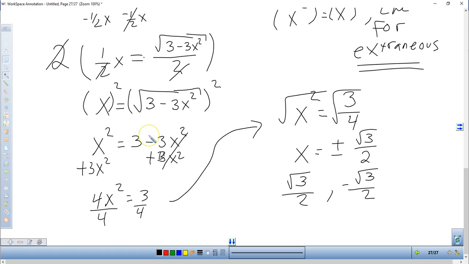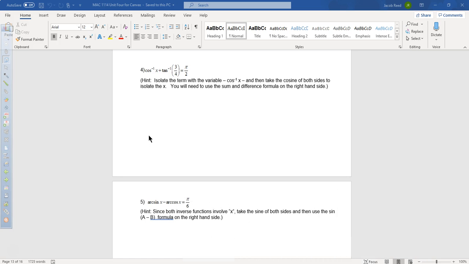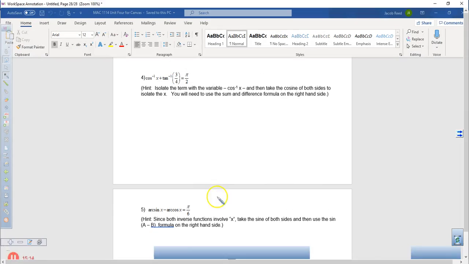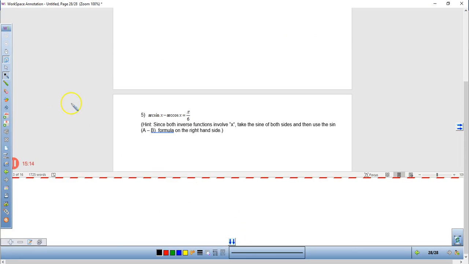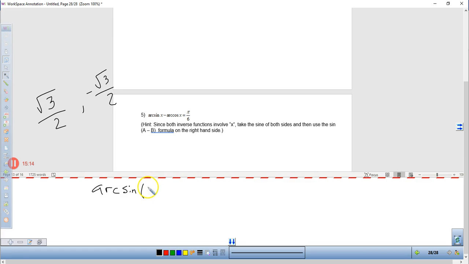So now I'm going to clear the page. I'm going to reopen that question. And we're going to look at root 3 over 2, and we're going to look at negative root 3 over 2. We're going to plug them back into the original. So I need arc sine, and I'm going to start with negative root 3 over 2.